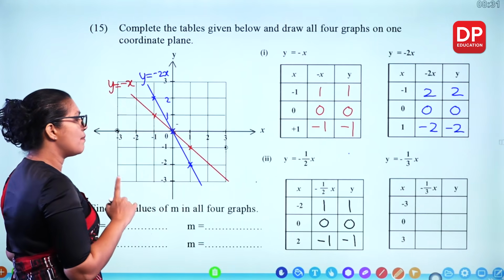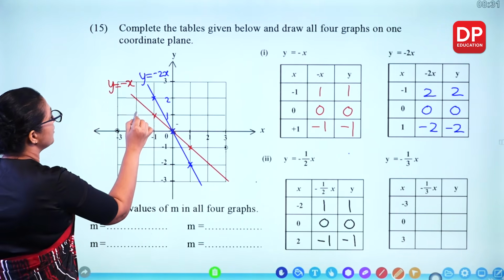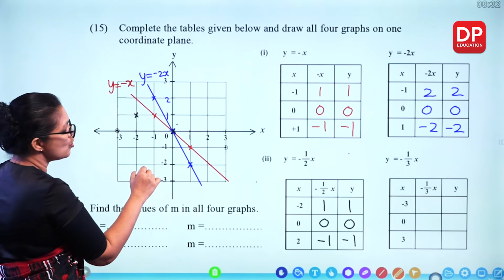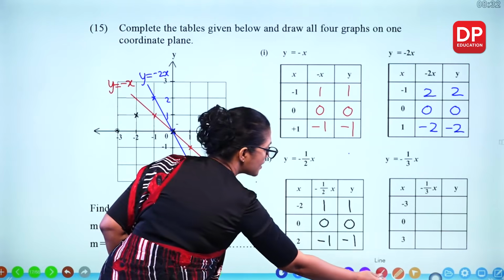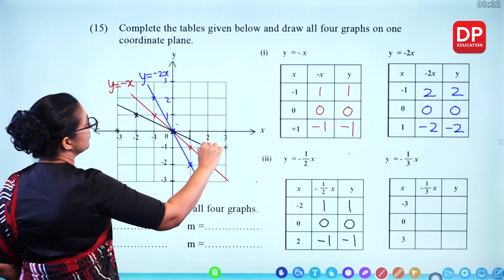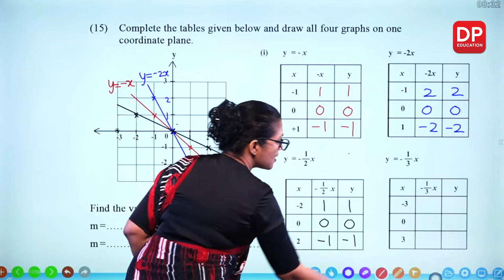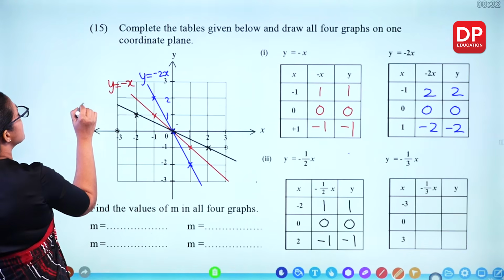Now we'll mark it: -2, 1; 0, 0; 2, -1. Now we'll try to connect. This is the straight line. What's the equation? Y equals -half x.